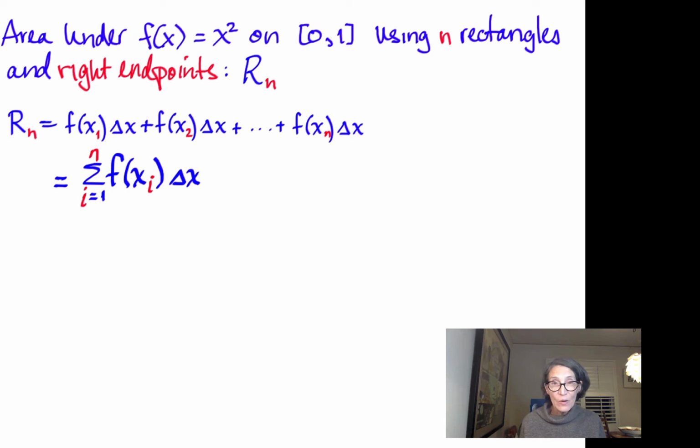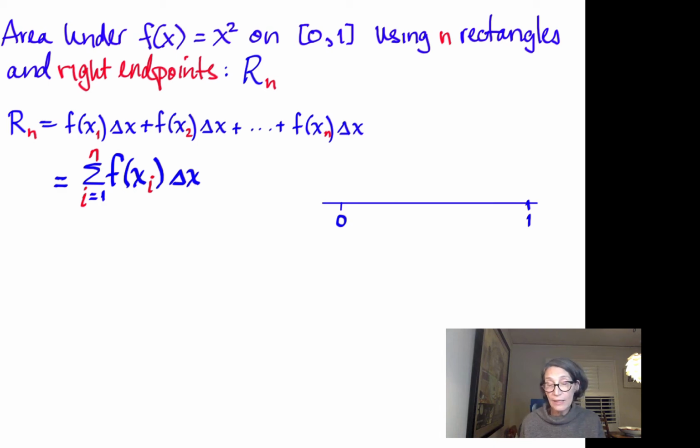All right, so our job now is to get an expression for delta x that depends on either i or n or both, and then get an expression also for xi, so we can plug that into the function f of x. And we need to get xi in terms of i and possibly n. So it's always a good idea to visualize what you're doing. So here's the interval from 0 to 1, right?